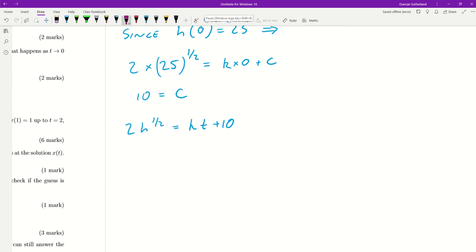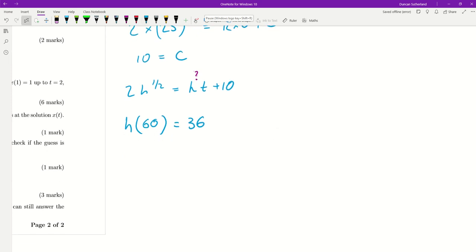We now have to find k. We have the piece of information that h, 60 days after it was initially measured, is 36 centimeters. So we measure it once, it's 25 centimeters tall at time 0. Then 60 days later, it's grown to be 36 centimeters tall. That's enough information to substitute into this expression to find k.